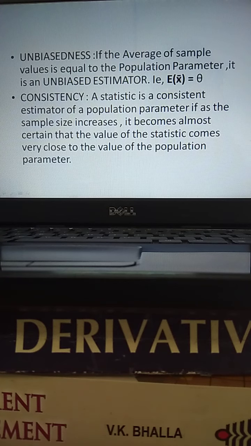So when the calculated value is very close to the population value, the difference decreases. That logic is denoted using the limit technique in mathematics: limit n tends to infinity, probability that modulus of Tn minus theta is more than epsilon, is equal to 0. Need not worry about those mathematical notations, but it is better to understand that information.